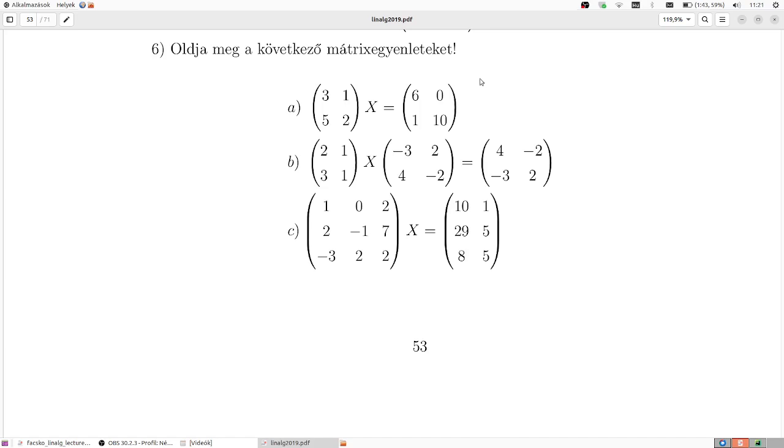Then, okay, and this is what we find. So we have to do the inversion of this matrix and that matrix.